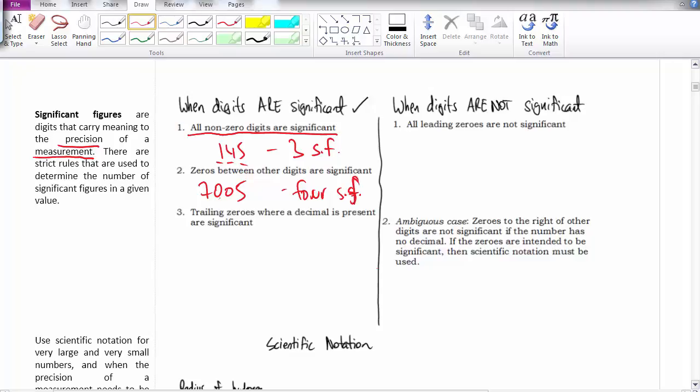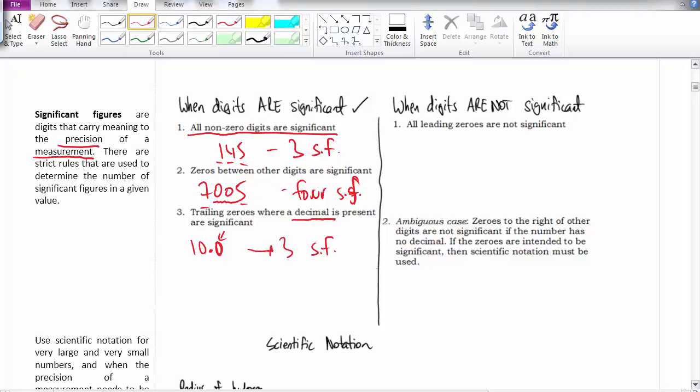These zeros are in between digits, so they are all significant. The third rule is trailing zeros where a decimal is present. This is very important. If you have something like 10.0, the fact that there's a decimal and a zero after the decimal means that zero is significant. So this would have 3 sig figs.